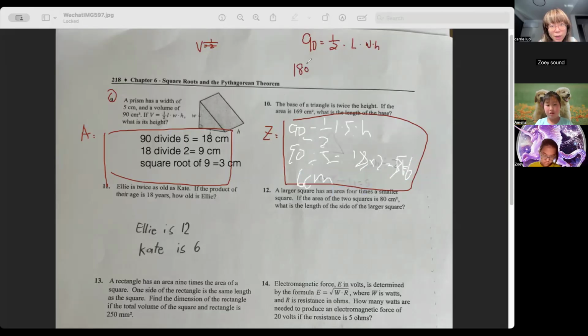So 180 equals what? Because we know the width is 5, right? Yeah. So, and we know the length is equal to width. So it's 5 times height.